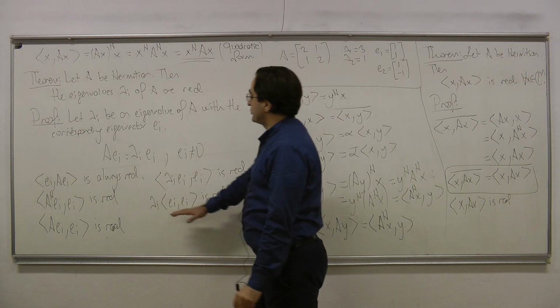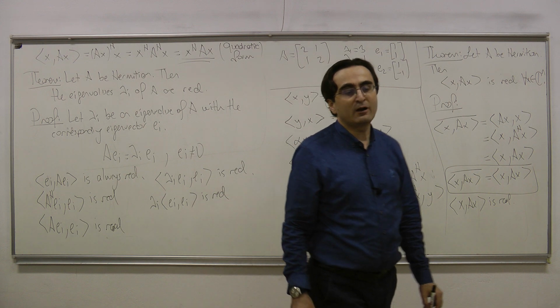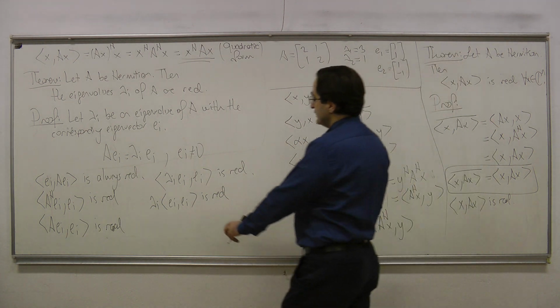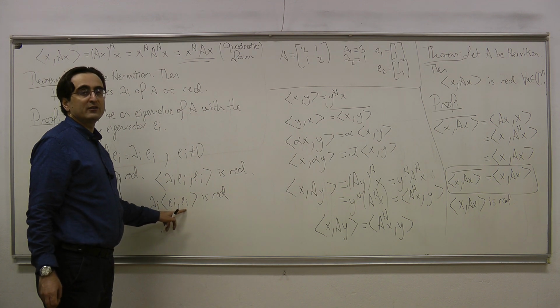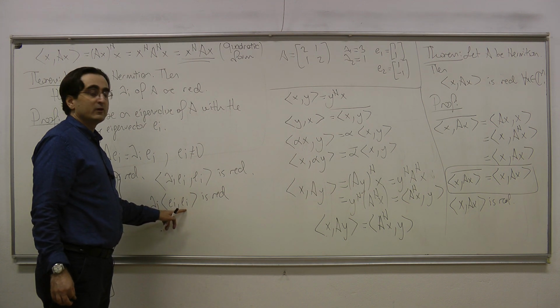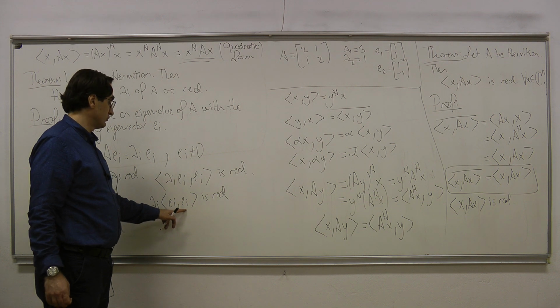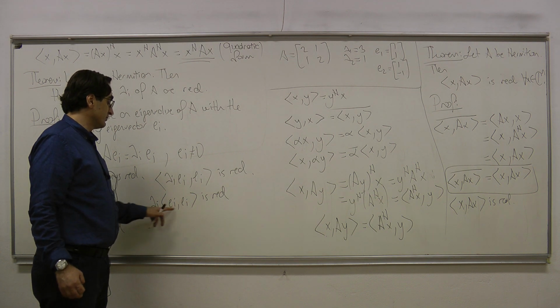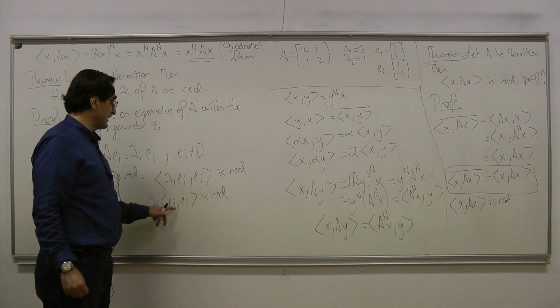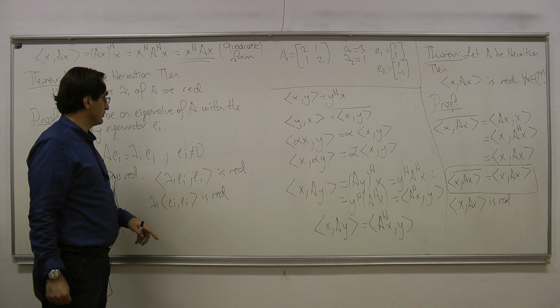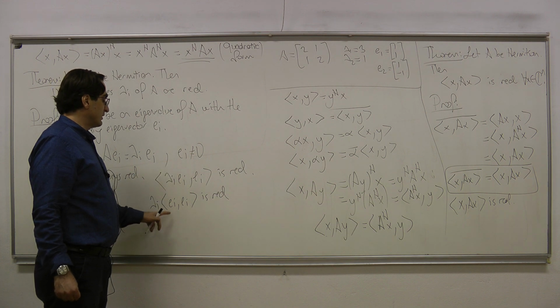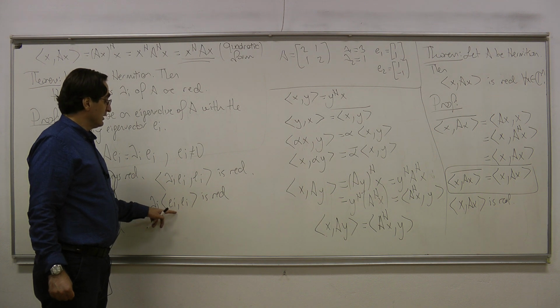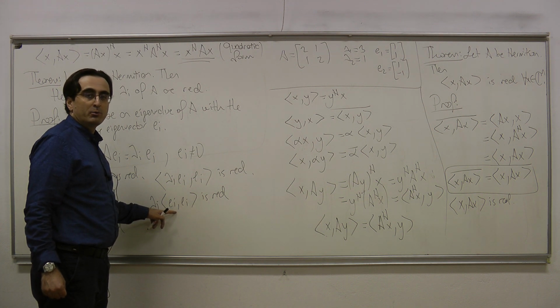In the properties of the inner product, you have seen that the inner product of a vector with itself is always real, and it is always positive or zero. It is non-zero if the vector is non-zero. In this case, I know that EI is non-zero, so this inner product is always going to be real and positive.